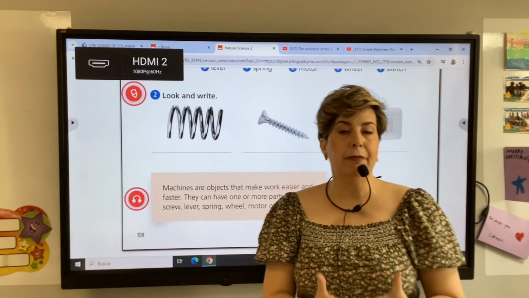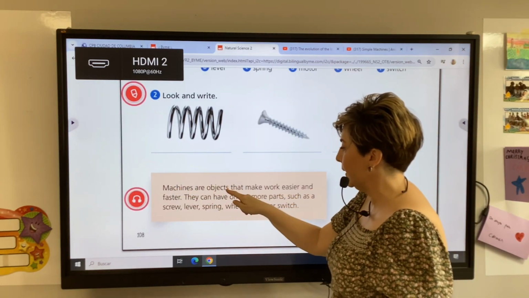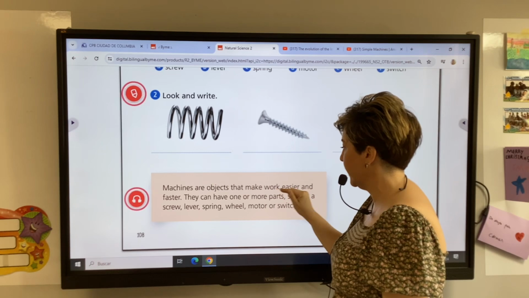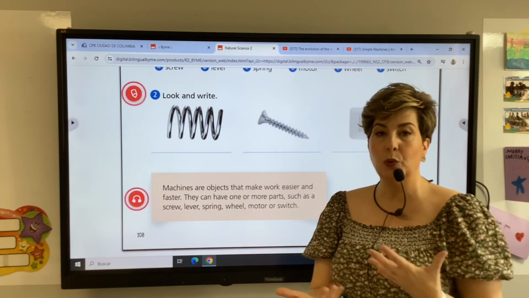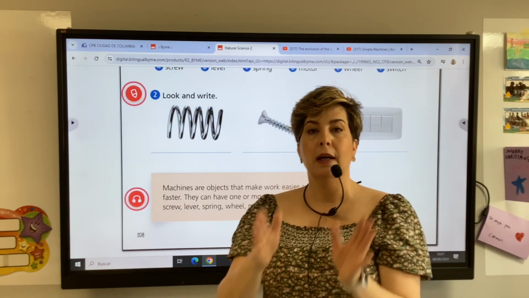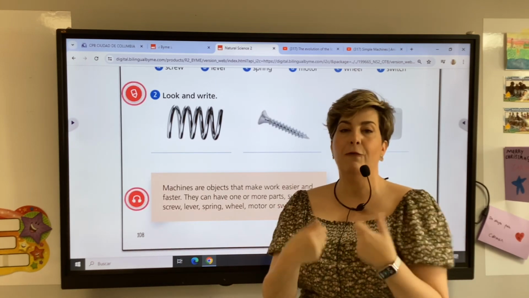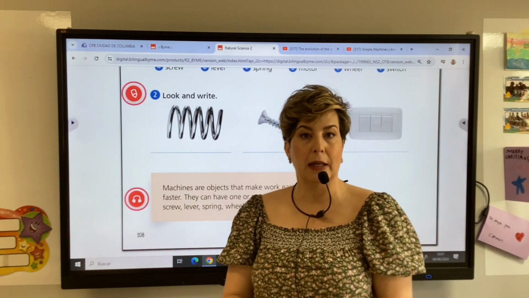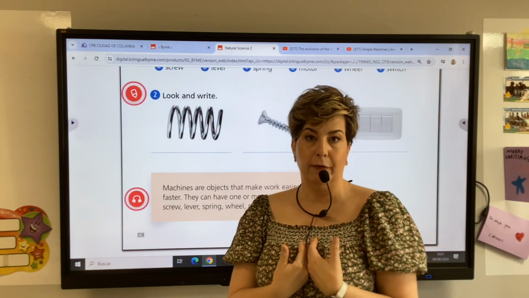Which is the definition of machines? Machines are objects that make work easier and faster. So if we have to do something, if we have, for example, a bicycle and we need to go from school to our house, we will go faster in a bicycle and it will be easier. We won't have to make so much effort. Why?